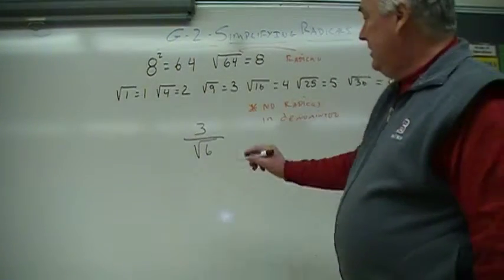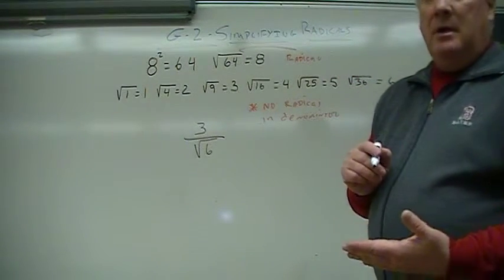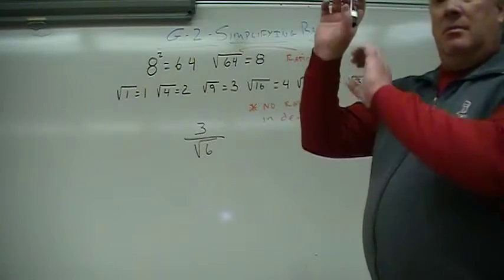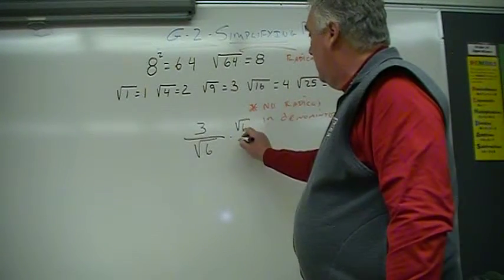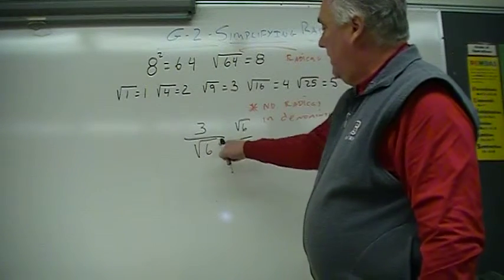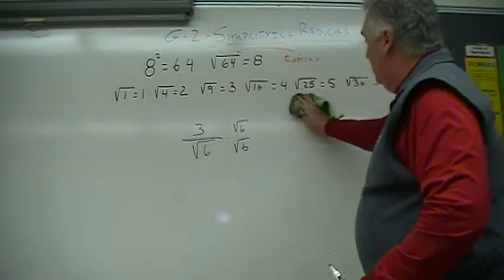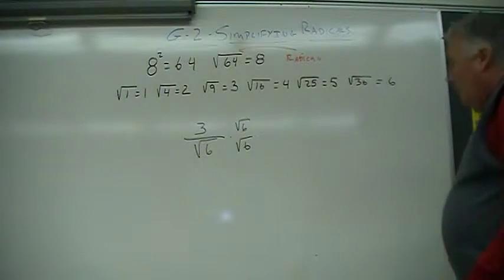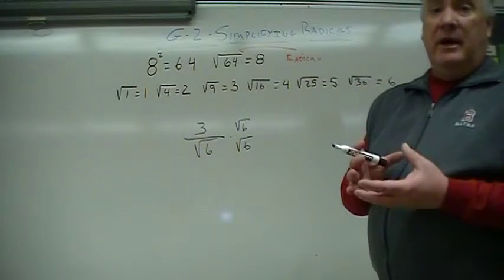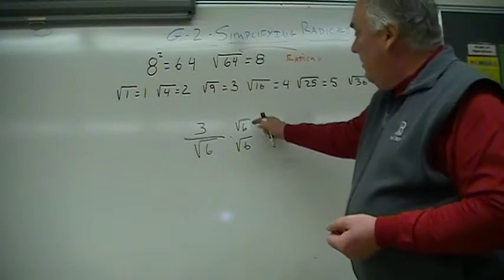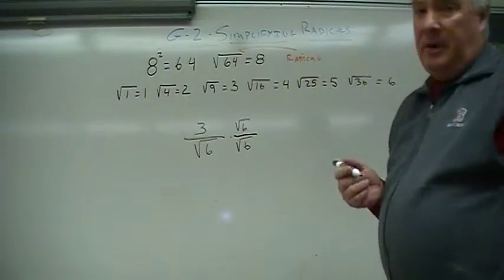So what that means is, how do we get rid of that? Well, we multiply it by 1. How do you multiply it by 1? Multiply it by the same thing. Multiply it by what you have in the denominator. And I'm about to teach you one more thing I'm not sure you recognize with radical signs. This over this is 1, so we're not changing this around anyway.